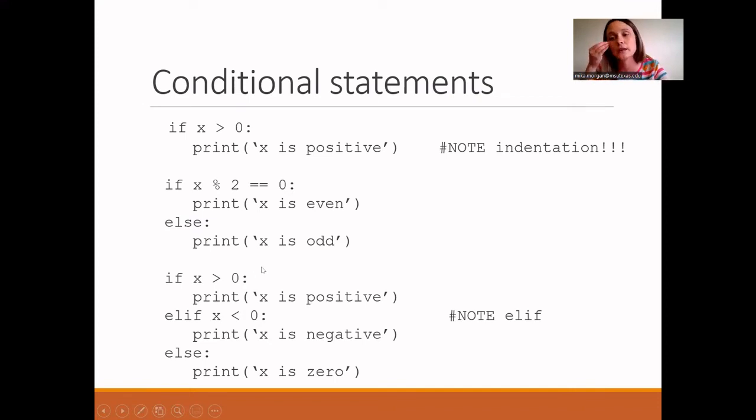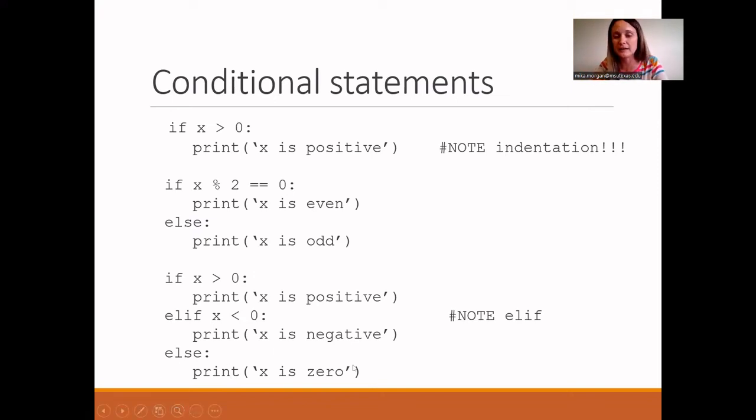If I ran this with -3, it would say, if -3 is greater than 0, no, move down to the next branch. Consider this conditional. Elif -3 is less than 0, yes it is. I print x is negative, I break out of the branch. If I gave it 0, 0 is neither positive nor negative.